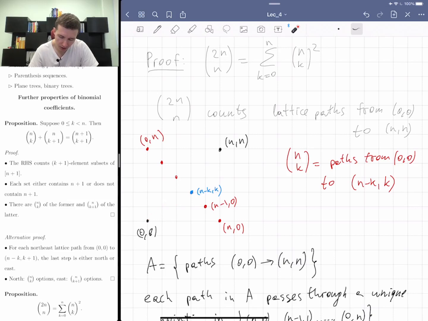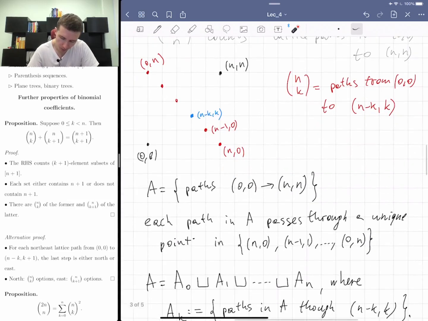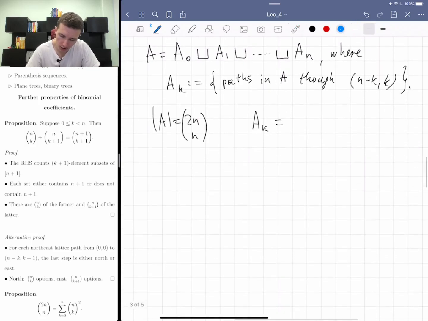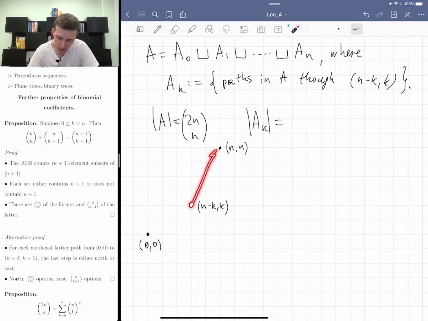Okay, so what is the size of A sub k? It counts paths from 0, 0 to n minus k comma k, times the number of paths from n minus k comma k to n comma n. If you want to count paths from here to here, you can make a change of coordinates.